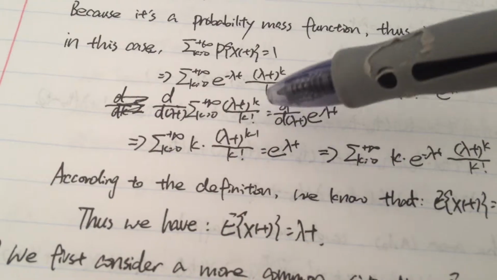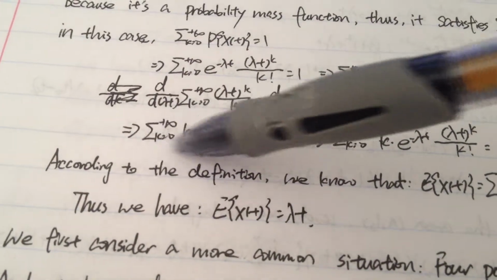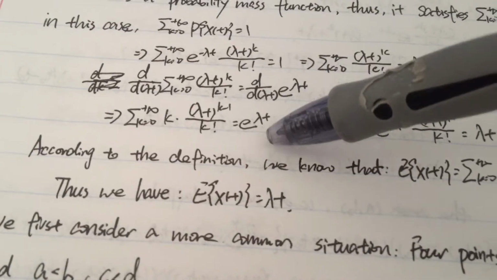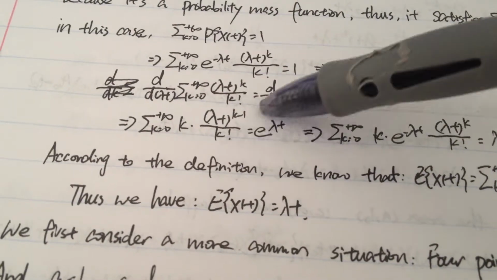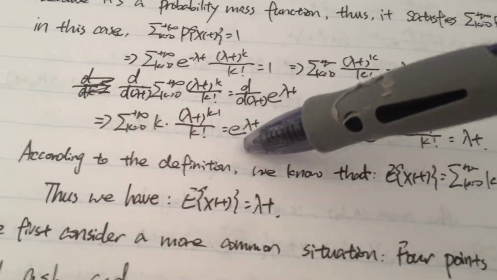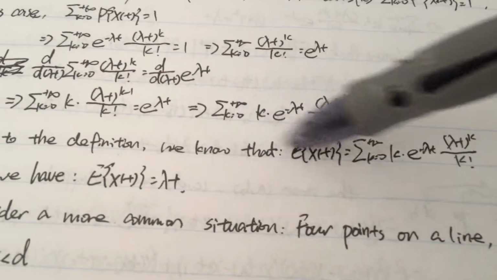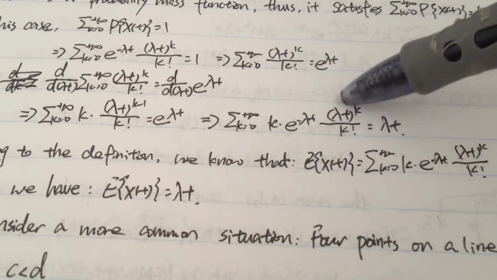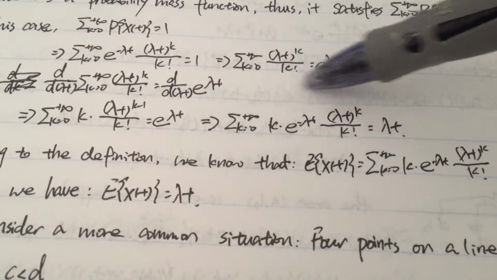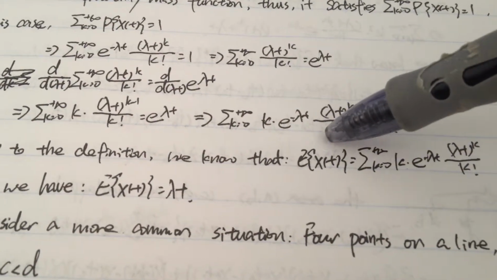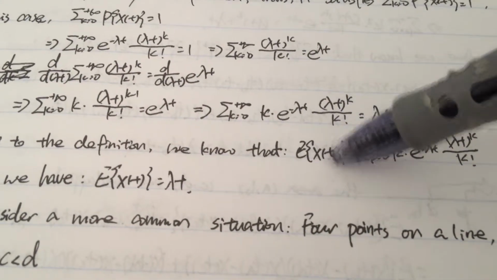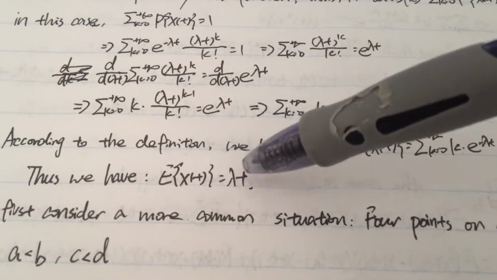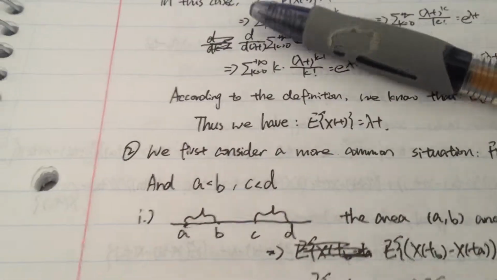We put e to the power lambda t to the left hand side, and we can know that this function here equals the mean of X(t), so that we know that the mean of X(t) equals lambda t.